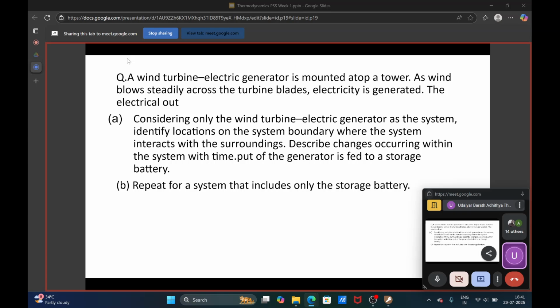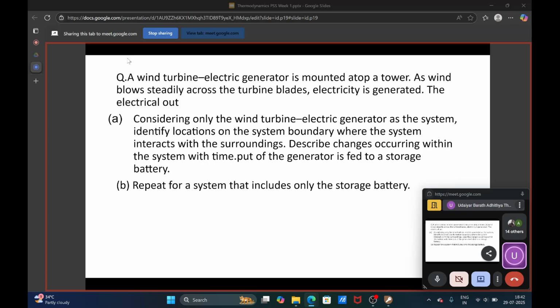So that's how the system looks. So what they are saying here is, considering only the wind turbine and electrical generator as a system, that is, the windmills mounted with the electric generator, identify locations on the system boundary where the system interacts with the surroundings.